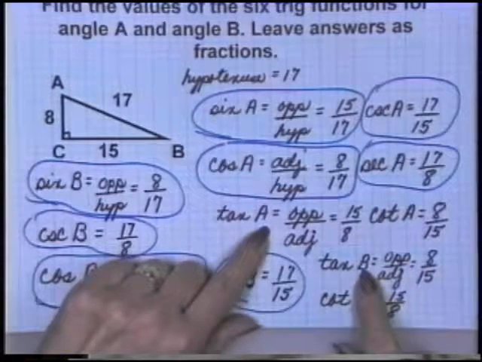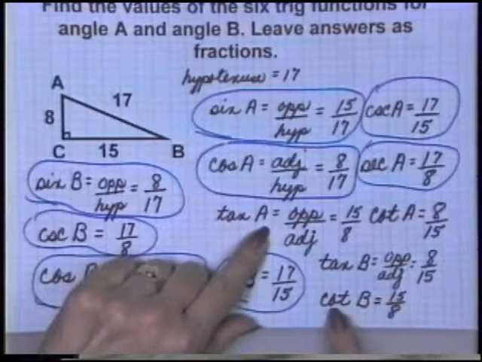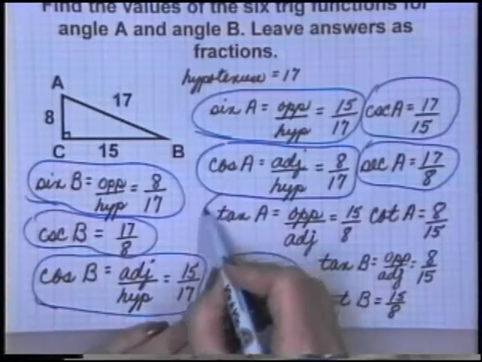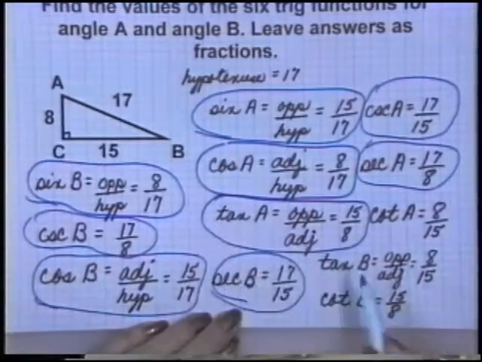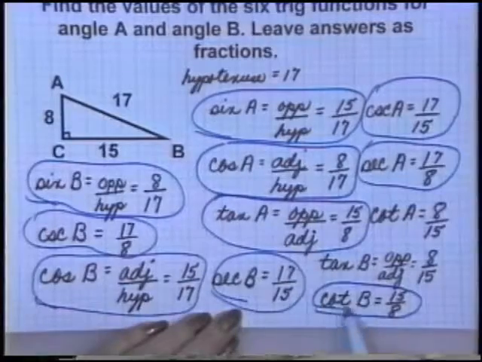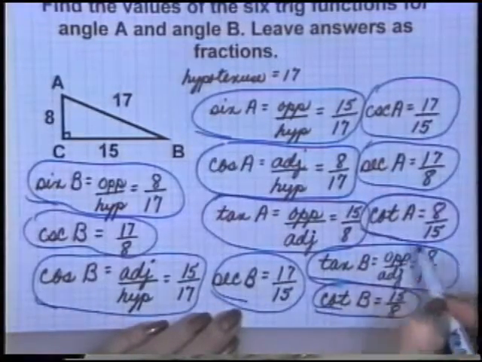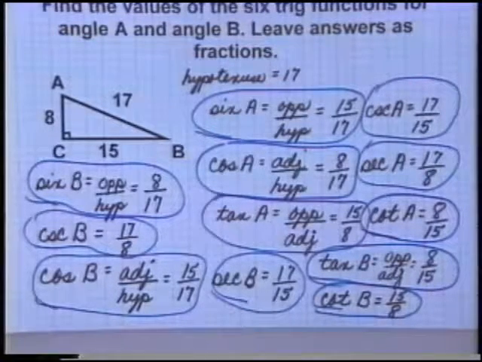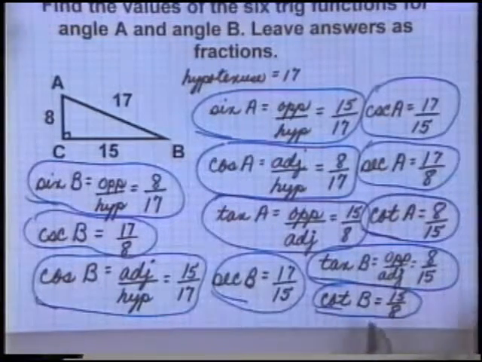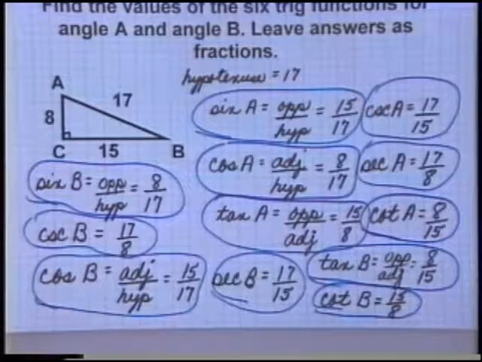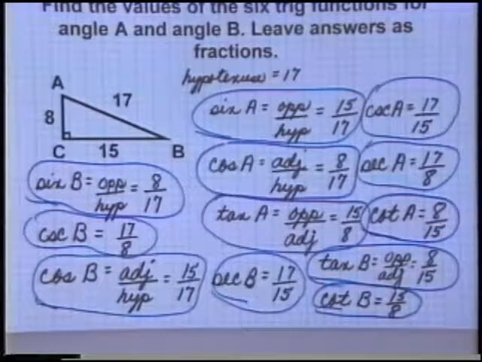The tangent of angle A equals the cotangent of angle B. And the tangent of angle B equals the cotangent of angle A. What I'm hoping that you see is that the cofunctions of complementary angles are equal.